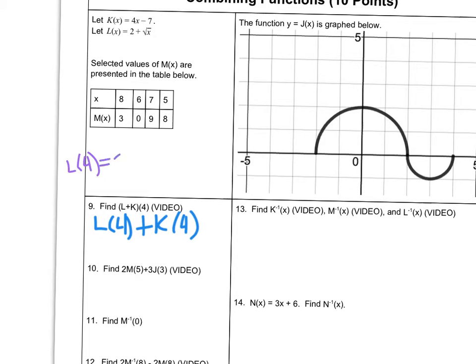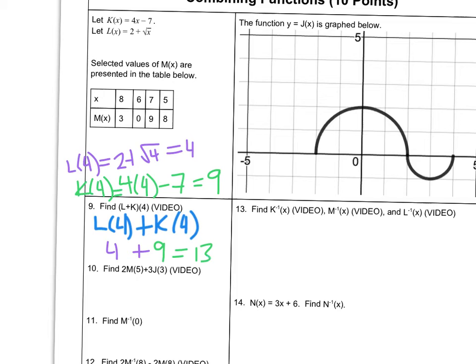L of 4 is going to be 2 plus the square root of 4. Square root of 4 is 2. 2 plus 2 is 4. K of 4 is going to be 4 times 4 minus 7. 4 times 4 is 16. Minus 7 is 9. 4 plus 9 is 13.